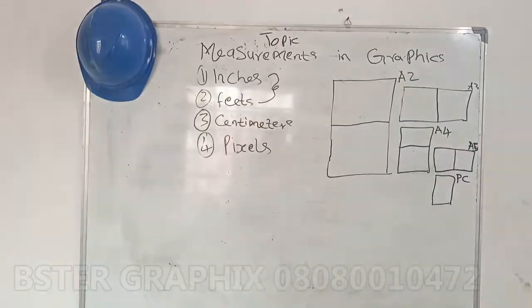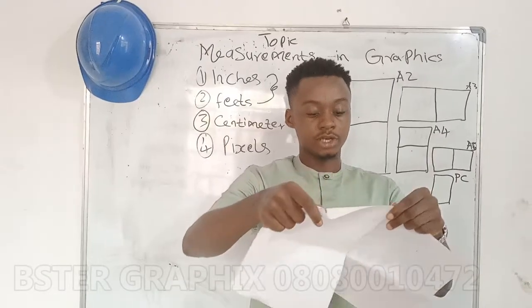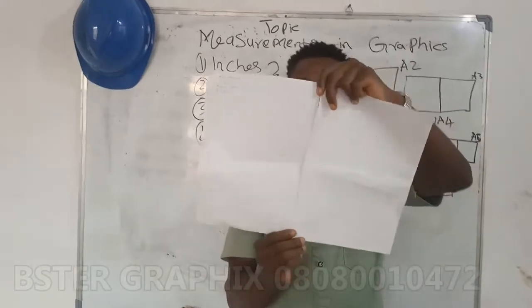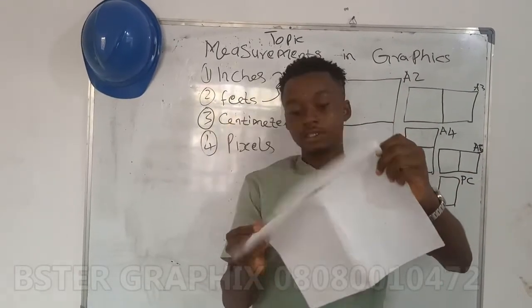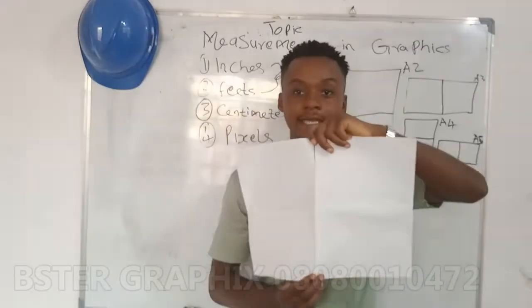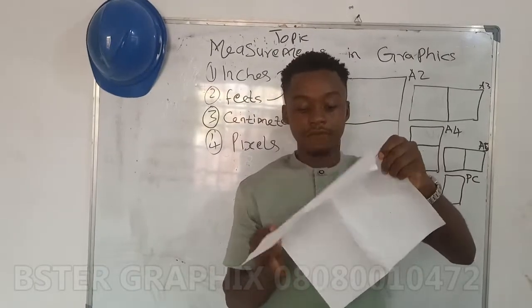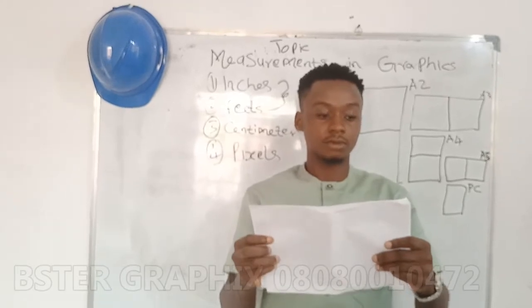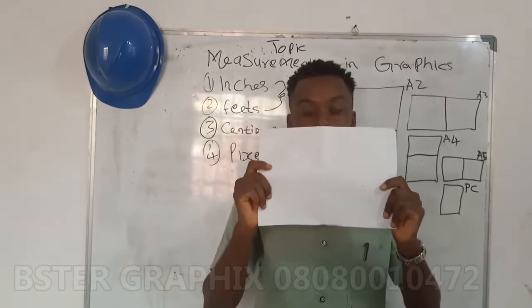for example, that these two papers were joined like this, for example that these two papers were as big as this one. If I fold it into 2, this particular size now is A3. You understand? This particular size now is A3. So if I fold it into 2 and divide it into 2, I will get one like this. This one now is A4.